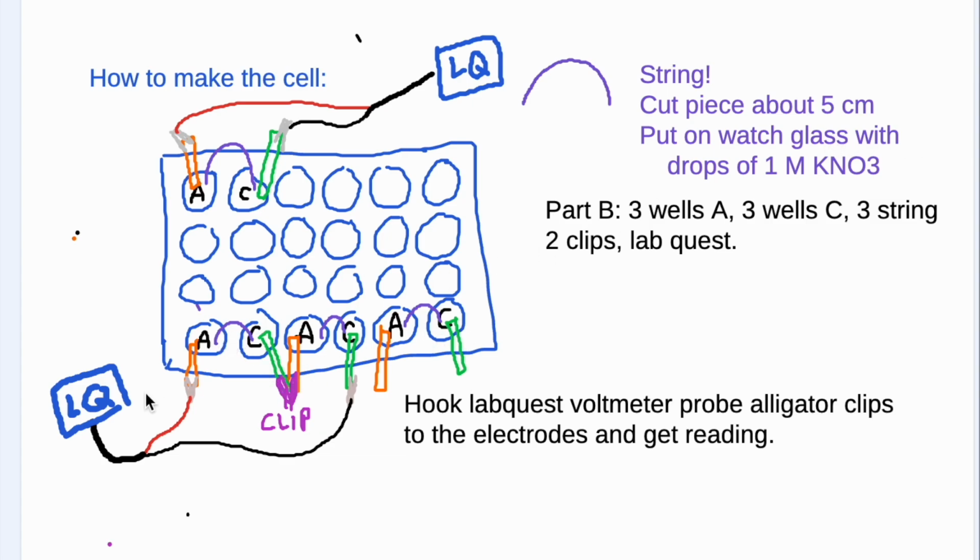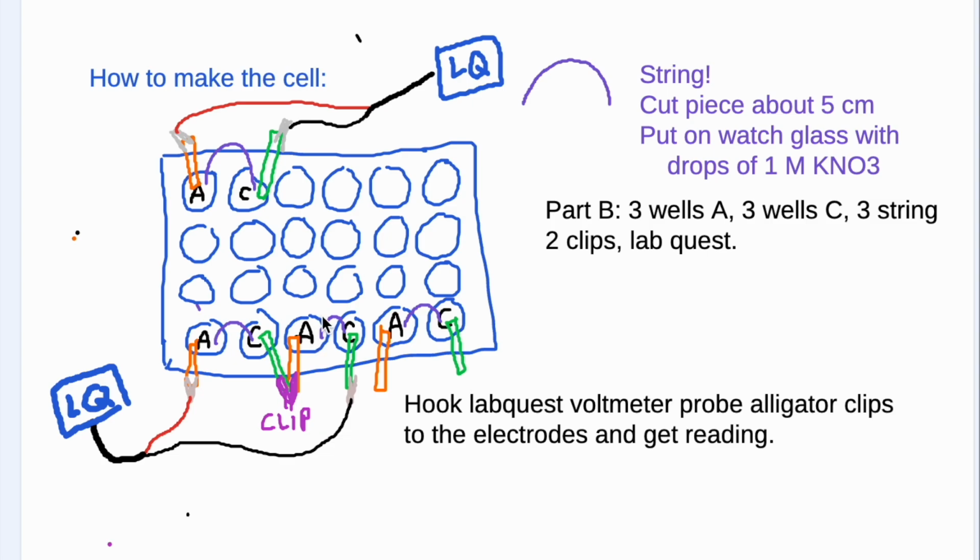And then the LabQuest alligator clip can clip to the metal that's in the first well A. And then the second well, the C metal and the A metal, use a different alligator clip that's not hooked up to the LabQuest. Just a single metal clip to make those 2 pieces of metal clip together, just so that the electricity can flow through them.